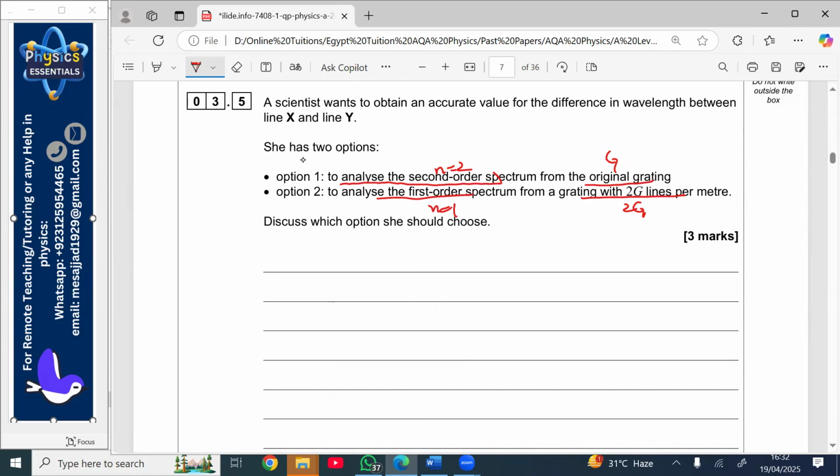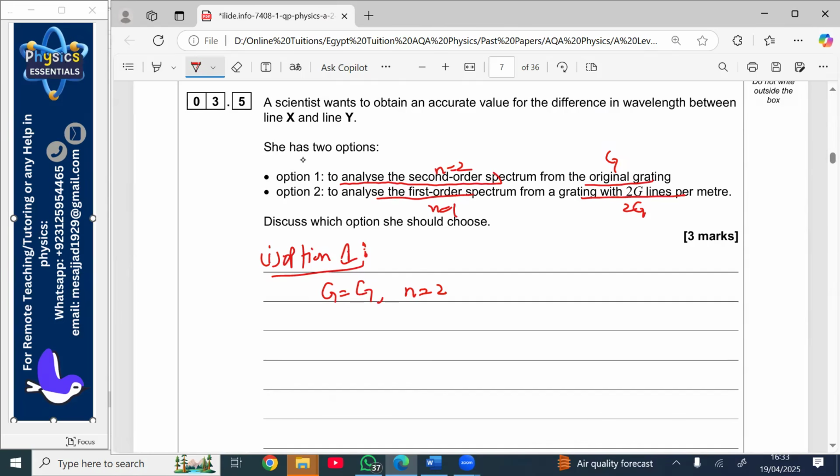And which one do we need to choose? We have to see. So first of all, option 1. If we use option 1, then what do we need to write? We need to write G, which is the number of lines per meter. It is actually the same as before, as they have mentioned, original. And we need to use the second order, not the first order.